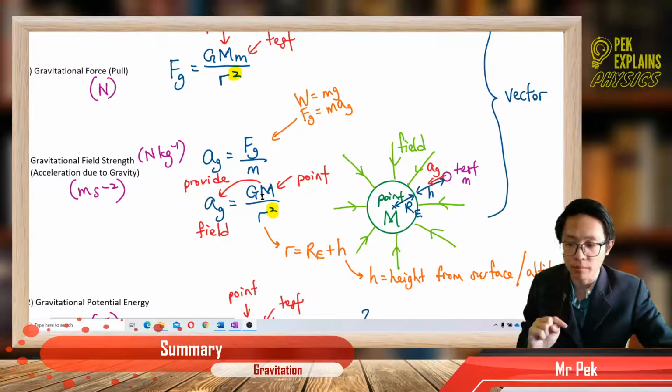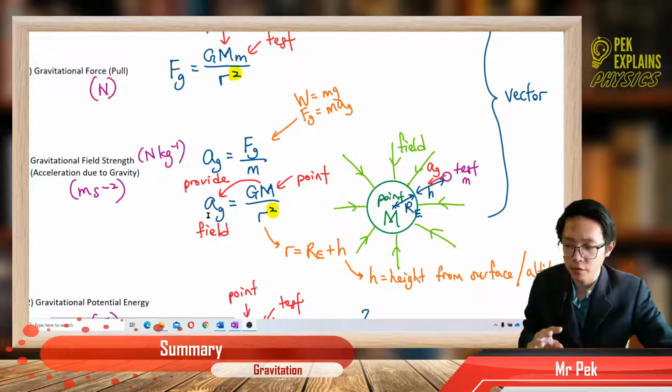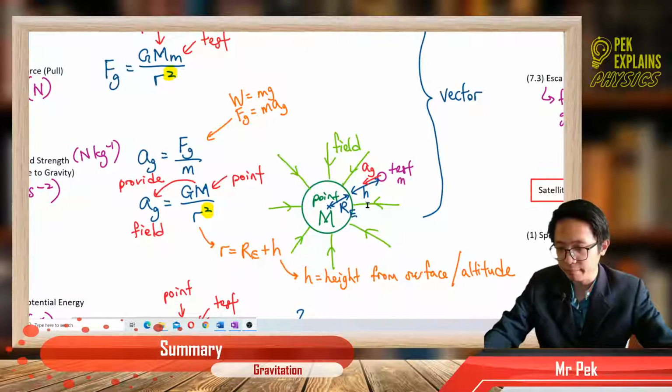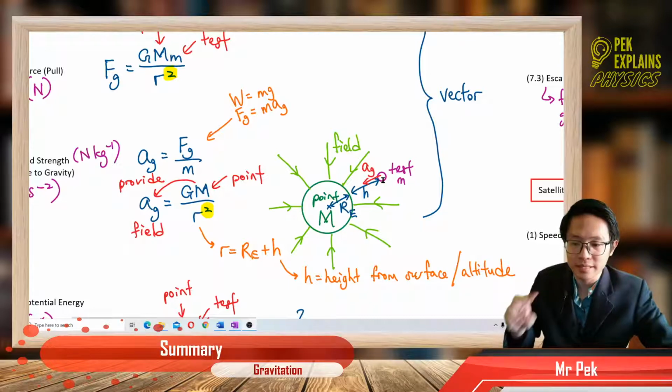Because it is the point mass that provides the gravitational field. We use the point mass, we don't use the test mass. You see this one, this is the point mass. It provides the gravitational field around it. And this is the test mass, inside the gravitational field of the point mass.